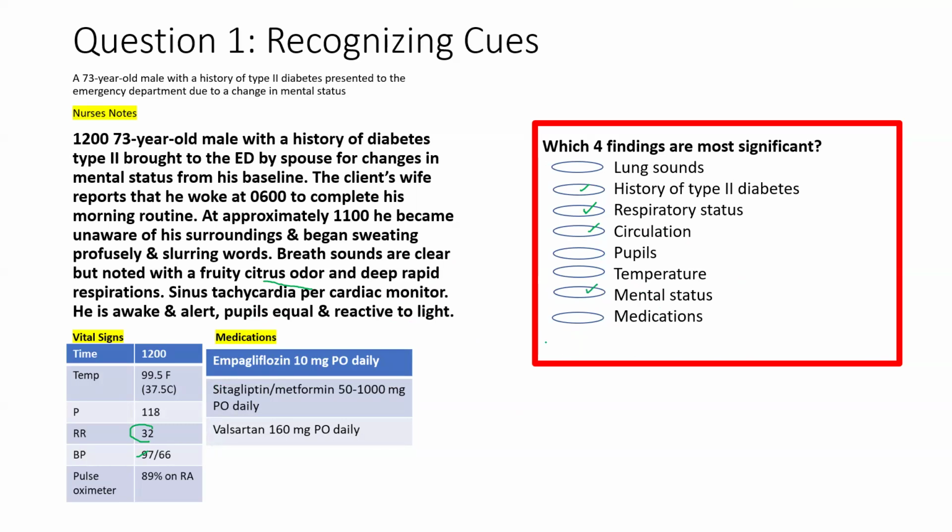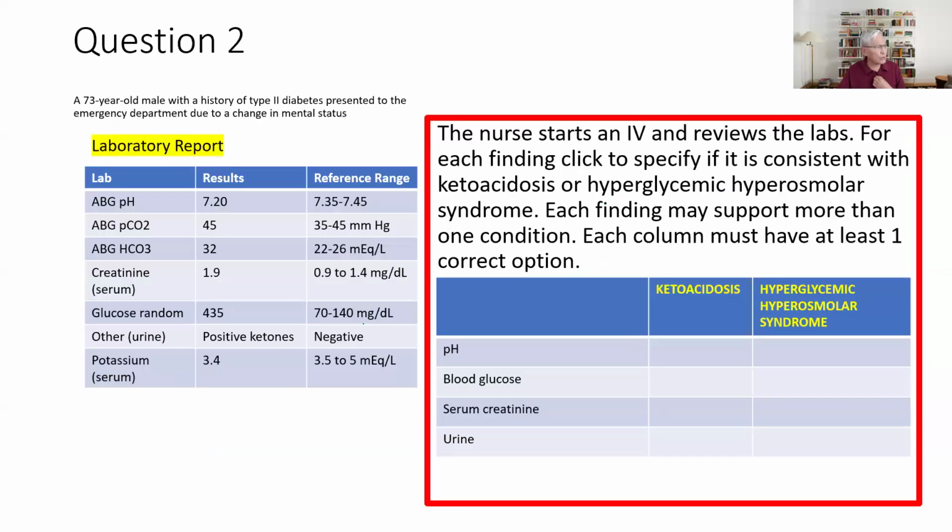And the medications also could be important, but the choices were limited to 4. So these are the 4 important ones. Okay? All right. So now that we have identified this, let's go to the second question.